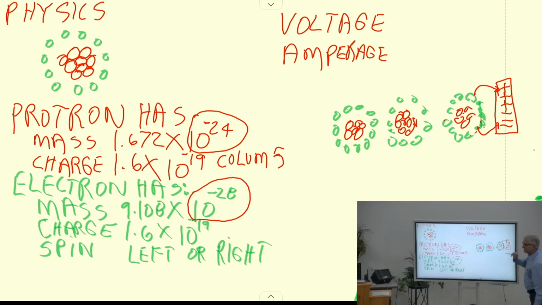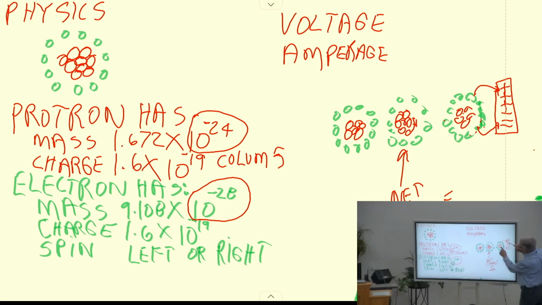Now, what happens to the net charge of this atom when it's balanced? 0. That's correct. When I have the same number of electrons and the same number of protons, the net charge is 0. But when I put a positive charge against these atoms, these electrons pop off and come over here.